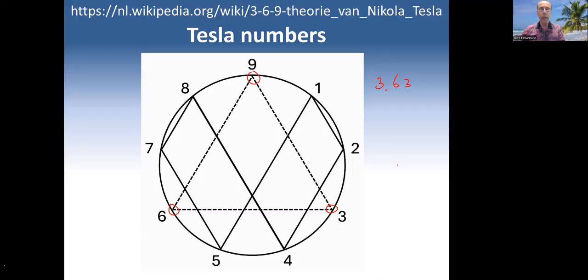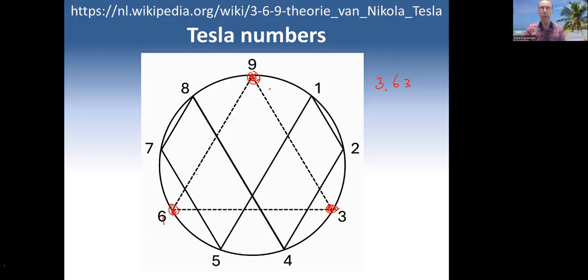So 3 and 6 together is 9. So this is a triangle that resonates. So 1, 2, 4, 8, 7, 5, 1. So this is returning up and down. But the most influential numbers, according to Tesla, are 3, 6, and 9.